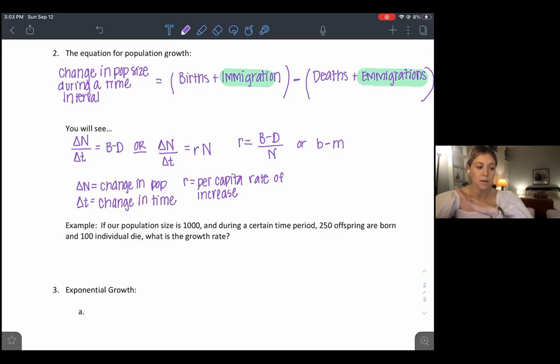Okay, so those are going to be the big equations that we're going to use. We're going to finish writing down, though, what all of those letters actually symbolize. Okay, so little b is going to be our per capita birth rate. So what's the overall birth rate per number of individuals in our population?